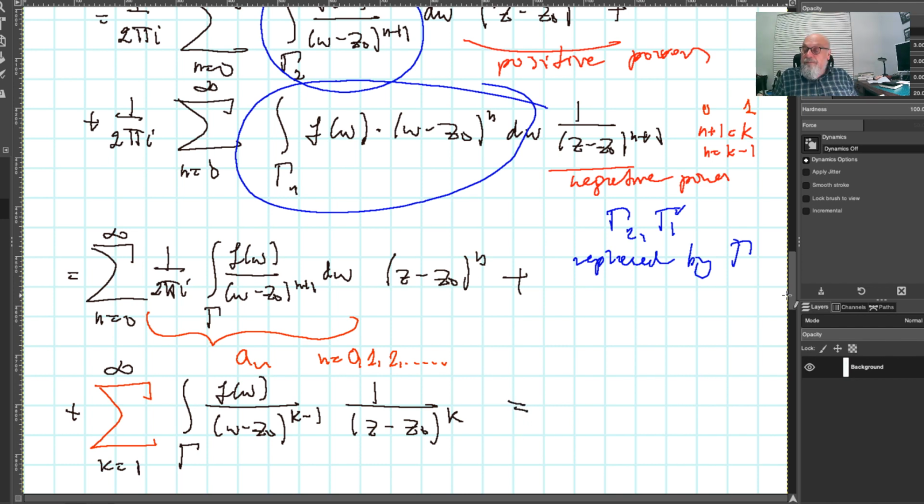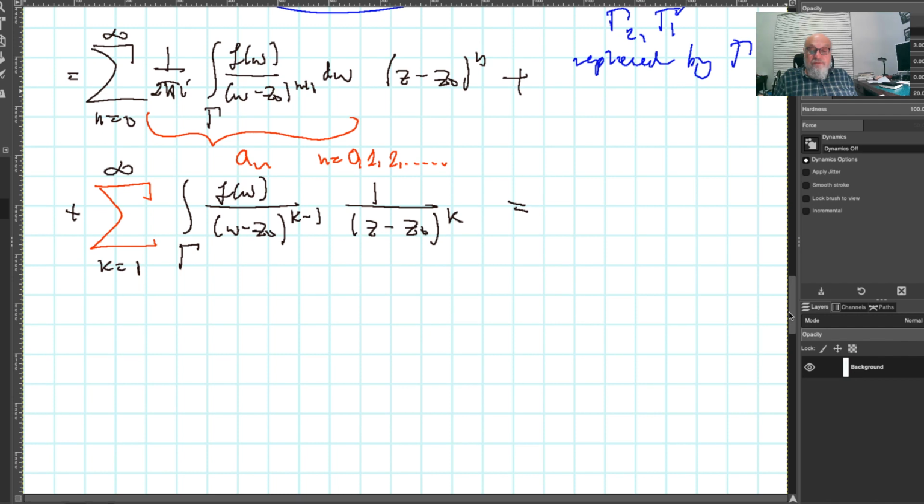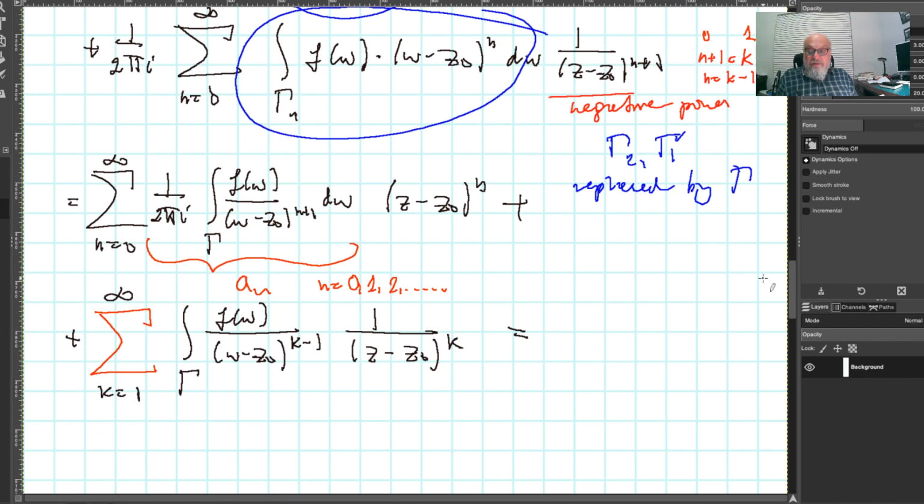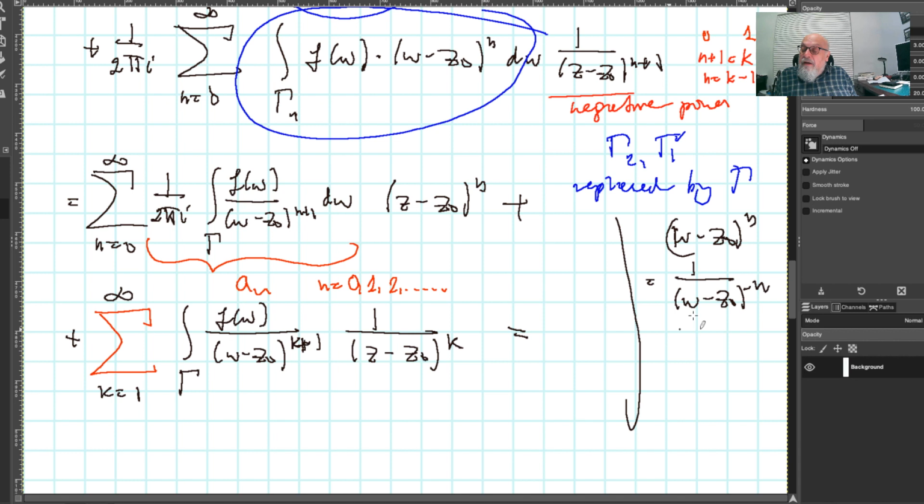Good. So what does it mean? Let me check if everything is correct, because I put this one minus n, oh, plus 1, very good. Why? Because I write w minus z0 to the power n in the denominator as 1 divided by w minus z0 to the power n, and what is minus n?